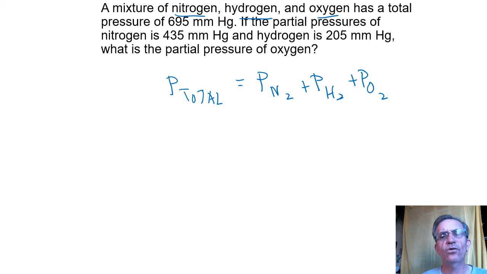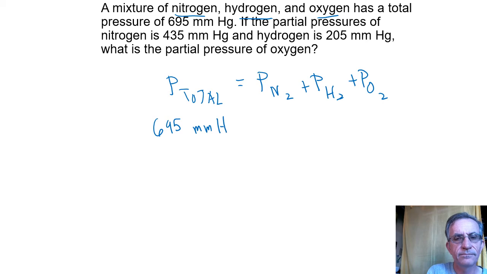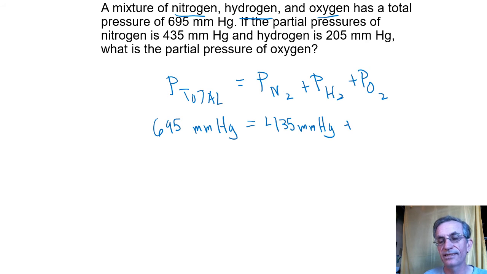So if we look at this question, it says a mixture of nitrogen, hydrogen, and oxygen has a total pressure of 695 millimeters of mercury. If the partial pressure of nitrogen is, okay, they're telling me the pressure of nitrogen, and the partial pressure of hydrogen is, all right, they're telling me the pressure of hydrogen.